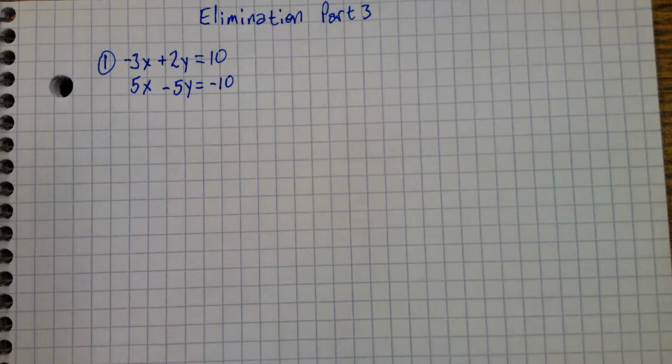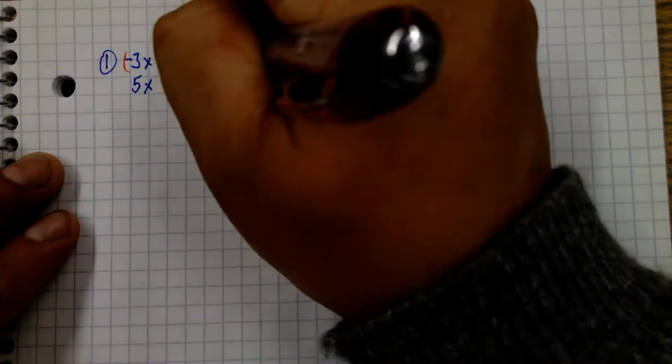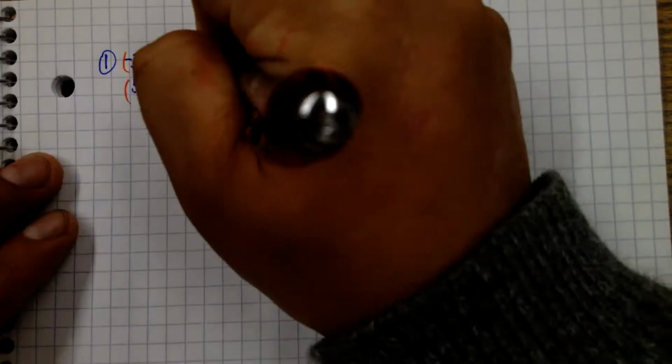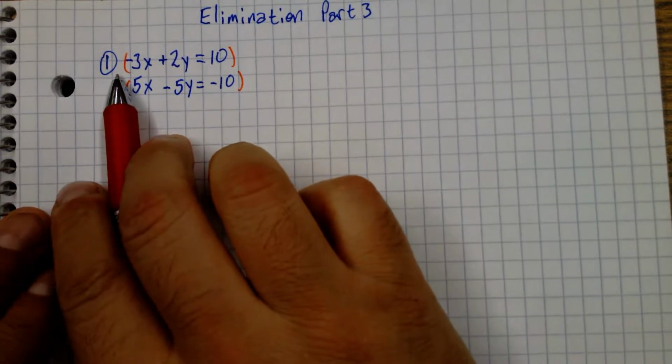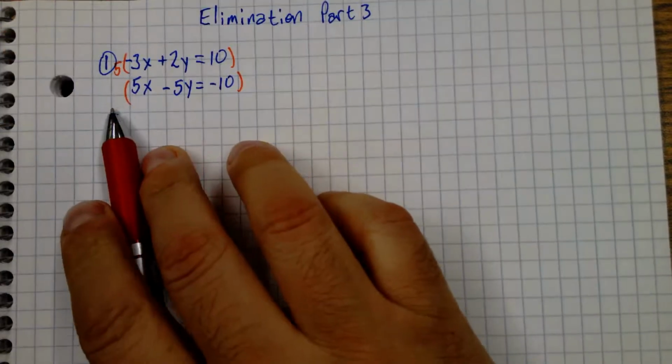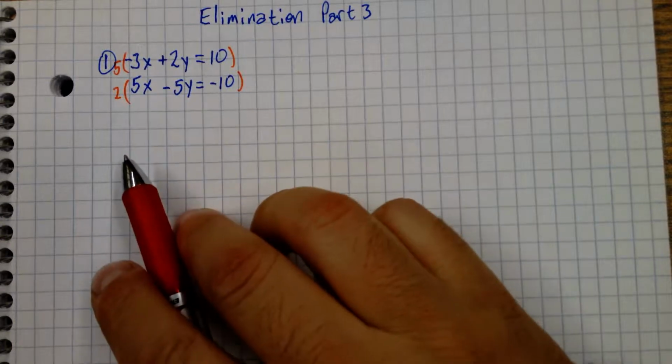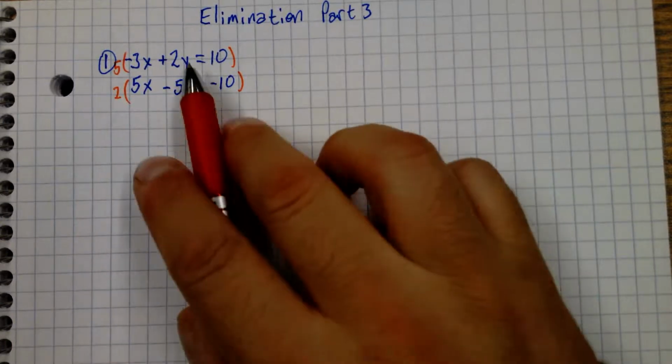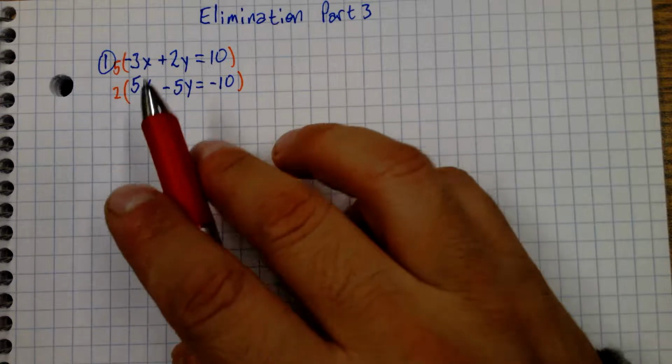We want the path of least resistance. So help me out, please. If I want 10s, this top equation gets multiplied by 5, and then we multiply the bottom one by 2. Do either of those have to be negative? No. We already got a minus plus thing going on, so we don't need that.